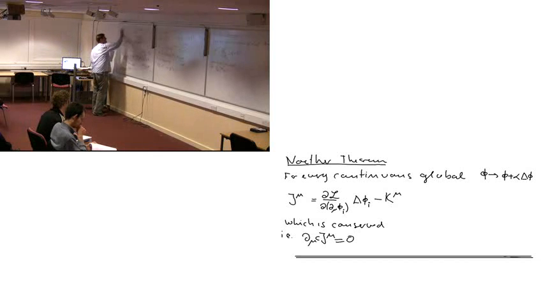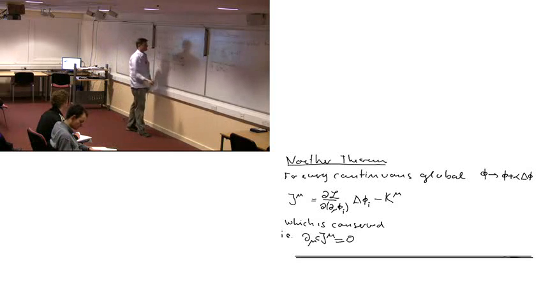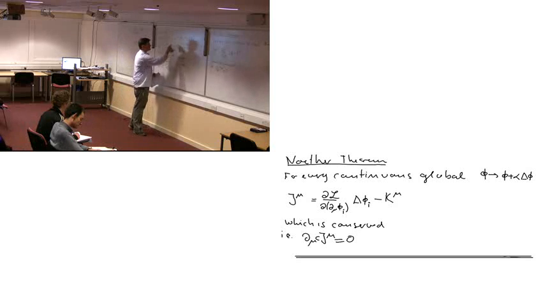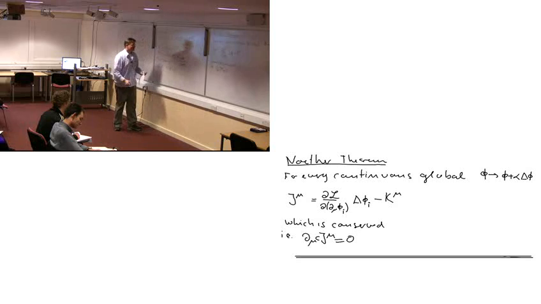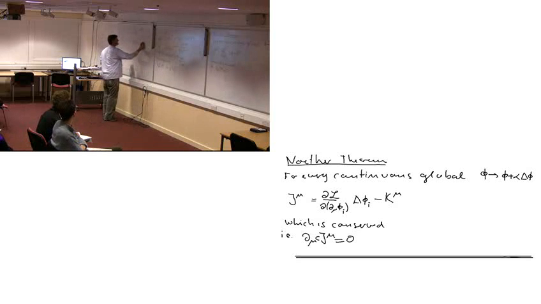So this was a straightforward example where we had a so-called internal symmetry. The symmetry doesn't act on any of the Lorentz structure, but it acts by changing the fields a little bit. So it's basically changing the field by a phase.